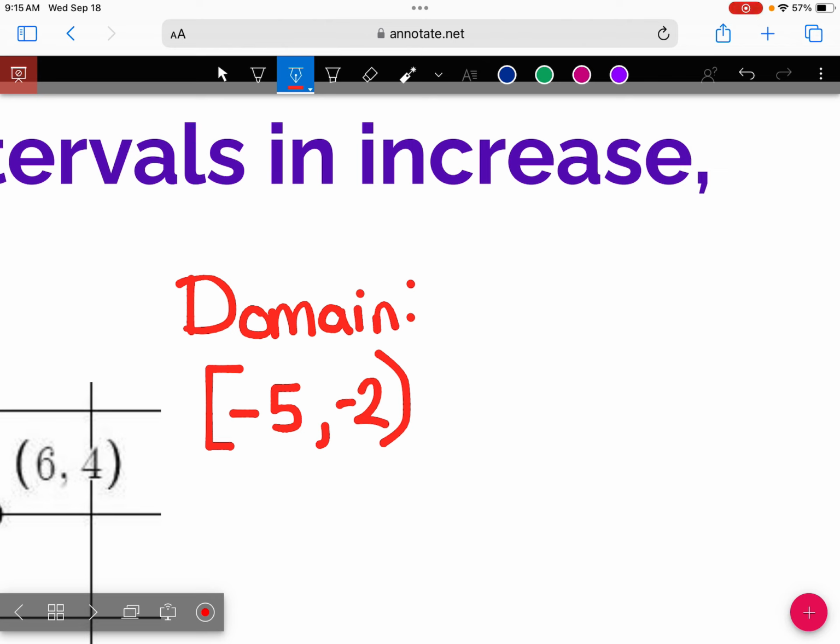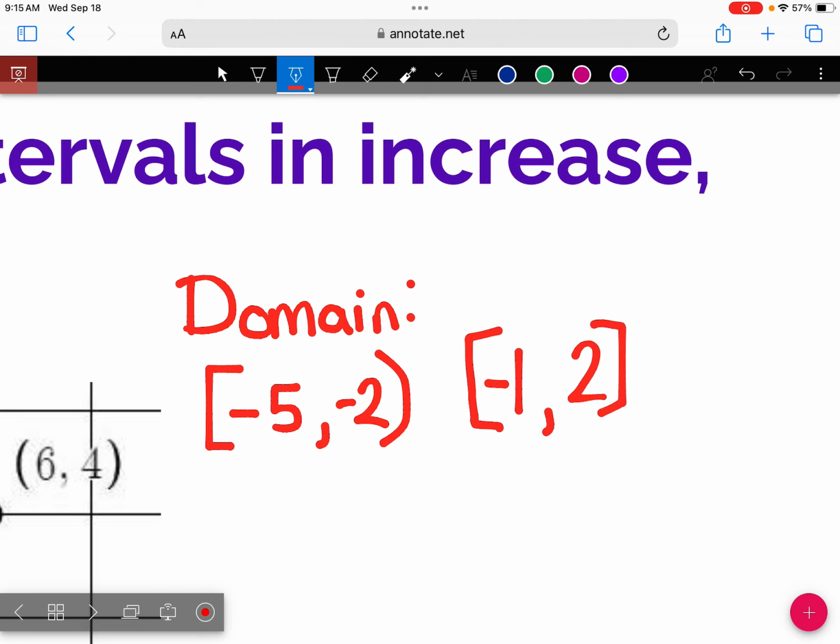Where does my next piece start? Negative 1, because we have this gap between negative 2 and negative 1. Is negative 1 included or excluded? Included. When it's included, it gets a bracket. Where is the next place that I have to stop? At 2. Is 2 included or excluded?